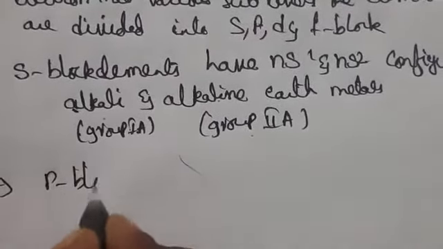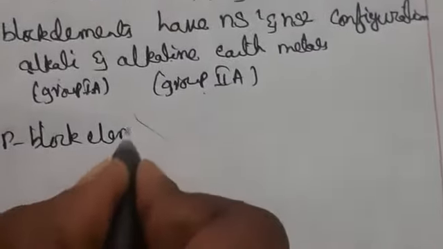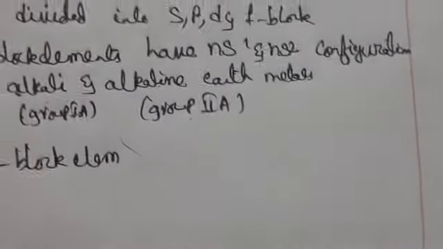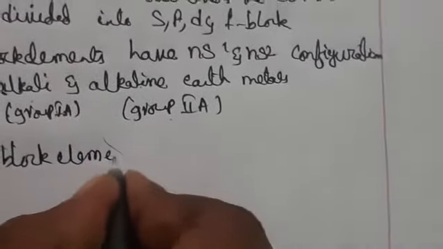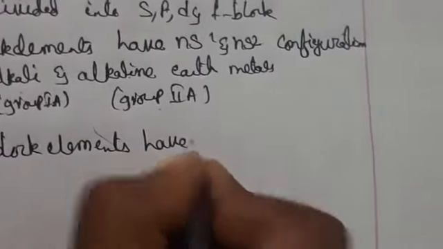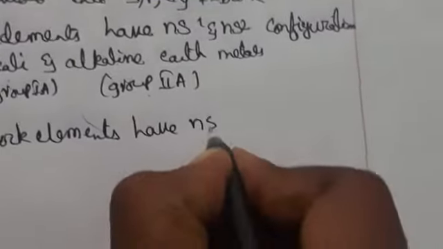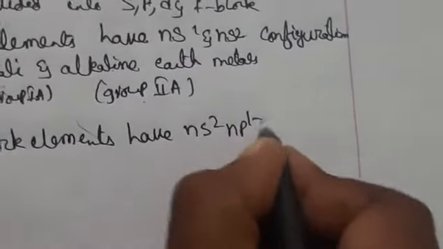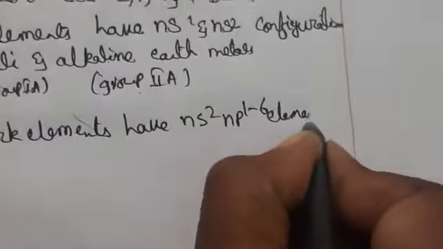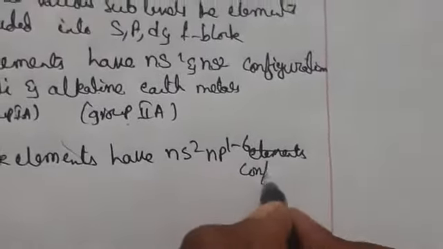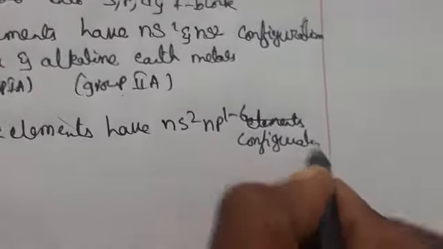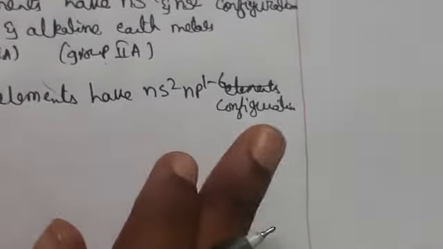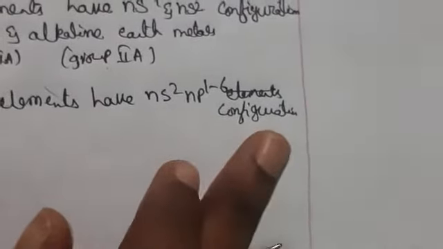So coming to P block. P block elements have the general configuration ns2 np1 to 6. Why? Because the elements are present from 3A to 7A groups and also the 0 group.